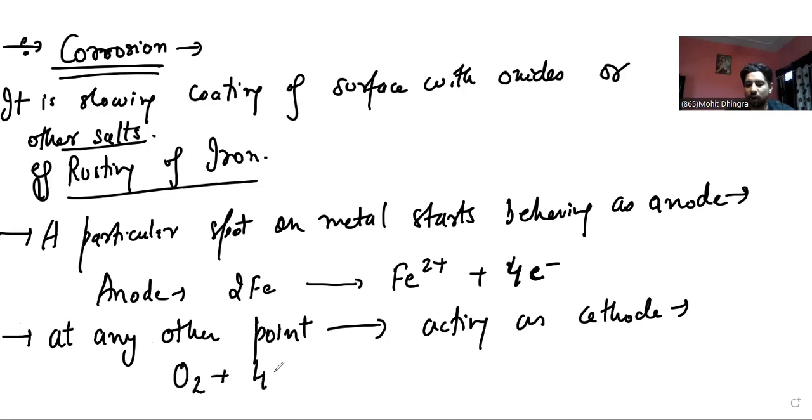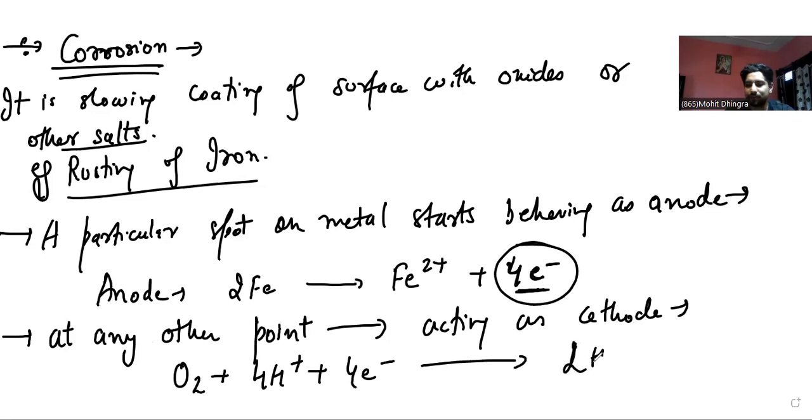This oxygen along with protons and the electrons which are forming at the anode are forming water molecules. First, at the anode, this iron is getting oxidized. And at any other point which is acting as cathode, this oxygen along with these protons and electrons is forming water.